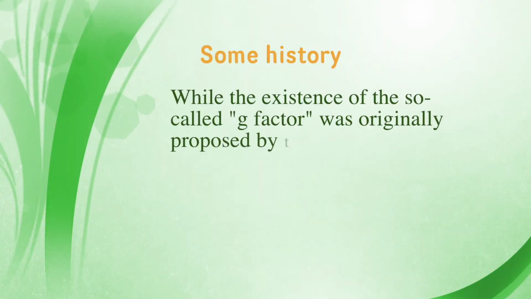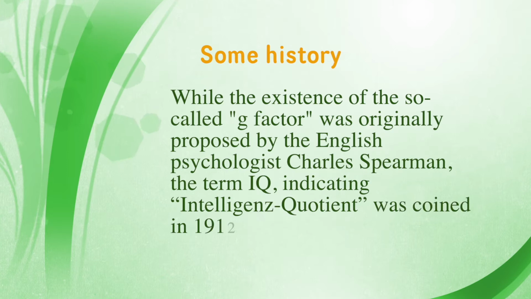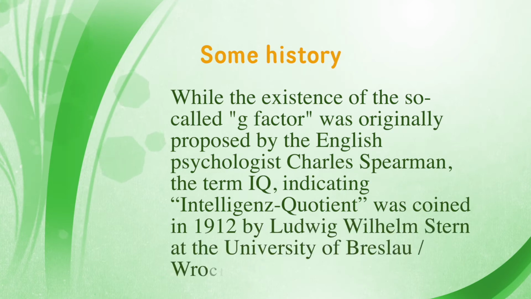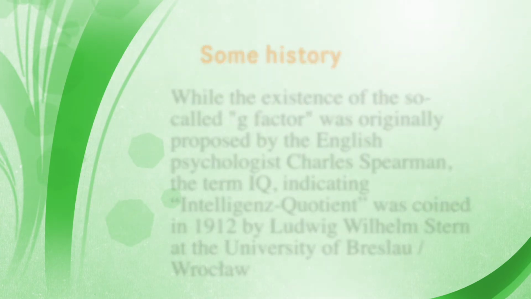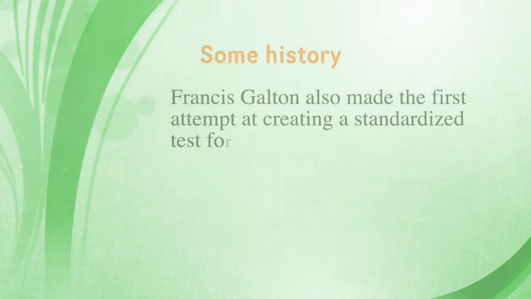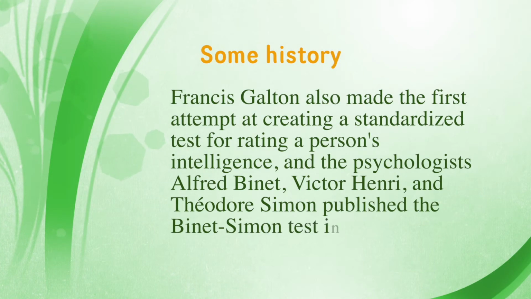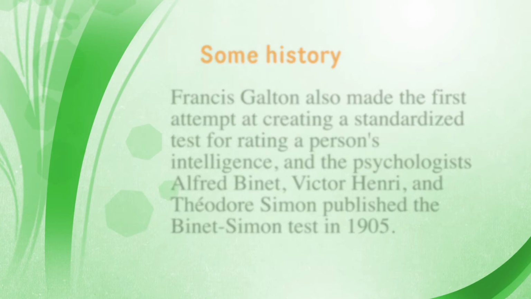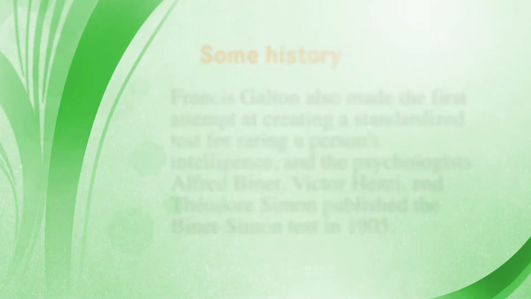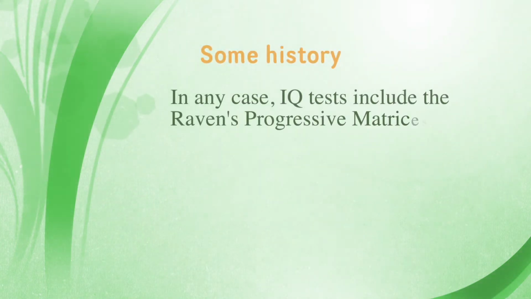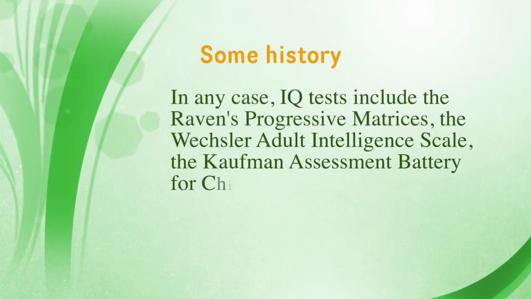It's a variable that summarizes positive correlation among different cognitive tasks, and it reflects the fact that an individual's performance on one type of these tasks tends to be comparable to that person's performance on other types of similar cognitive tasks. Now, this is of course related to IQ, because IQ, general intelligence, and cognitive ability are sometimes used interchangeably to refer to this pattern, but they're not the same thing.